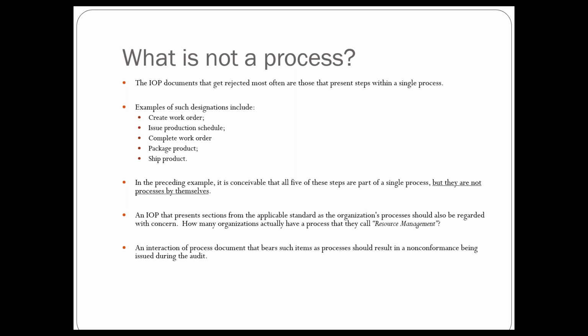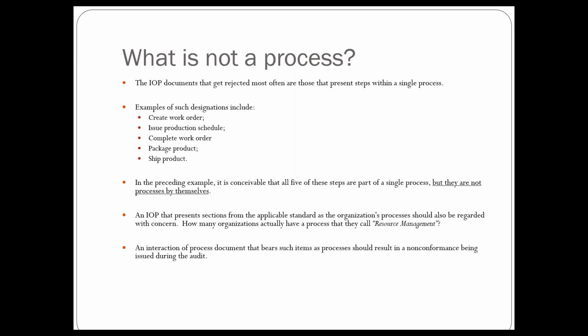So for example, to have something like create a work order and tell us that's a process, or complete the work order and tell us that's a whole separate process. Now, in this list that I've given here on the screen, it's conceivable that these are steps of a single process, but they are most likely not processes by themselves. So that's a real common example of what we see when we have an issue with the IOP.